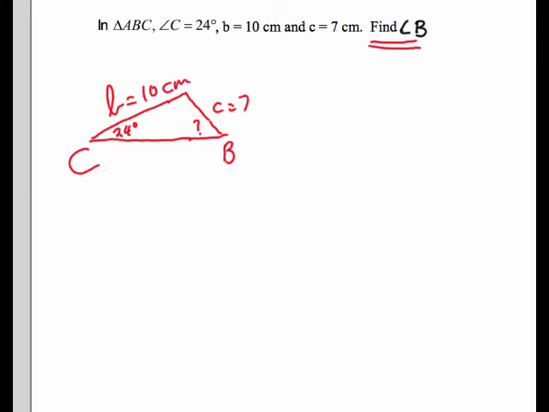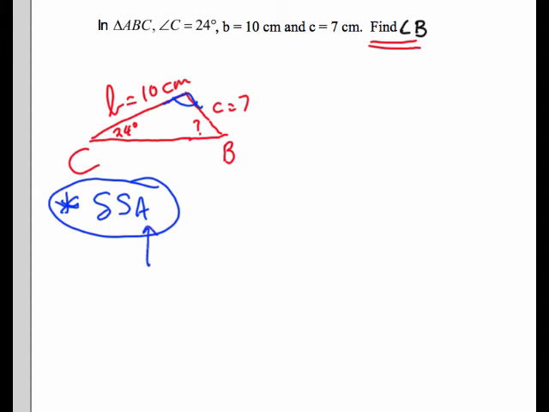And then as I take a closer look, I realize that I have a situation of two sides and the angle not in between them. The angle between the 10 and the 7, right here, is not given. Okay, the angle is in one of the other positions. This is what we mean by two sides and the angle not in between the two sides. And this means that there's a potential of there being a second way to draw this triangle.